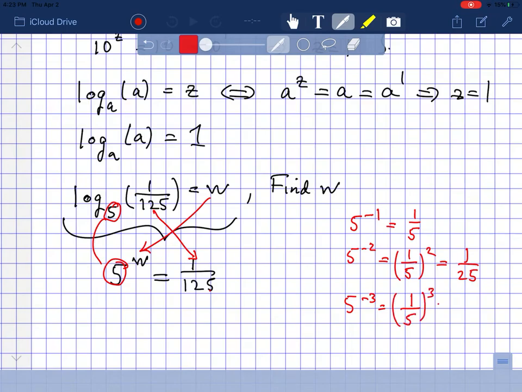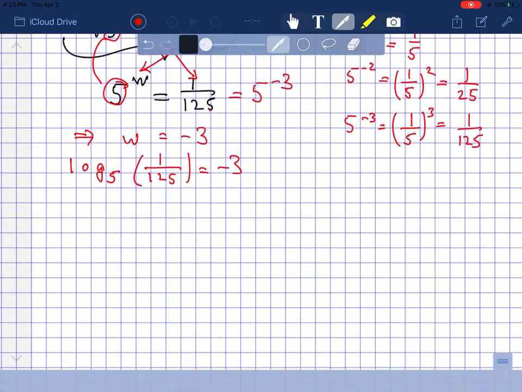Then 5 to the minus 3 is equal to 1 over 5 cubed, and this is equal to 1 over 125. So 1 over 125 is 5 to the negative 3 power. My exponential function base 5 is 1 to 1, and that implies that w is equal to negative 3. So we found that the log base 5 of 1 over 125 is equal to negative 3.